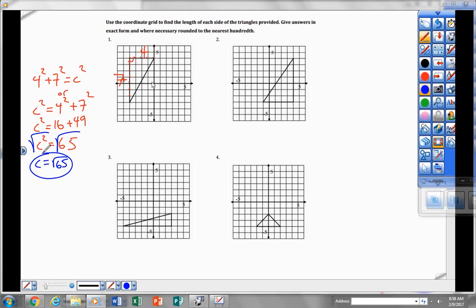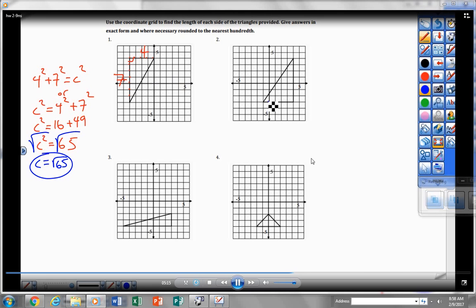Alright, number 2. I'm going to count boxes. 1, 2, 3, 4, 5 boxes long. Not 6, 5. 7 boxes long right there. That gives me the unknown, because again, these are on either side of the right angle. Those are the legs. So c squared equals 5 squared plus 7 squared, which is 25 plus 49.